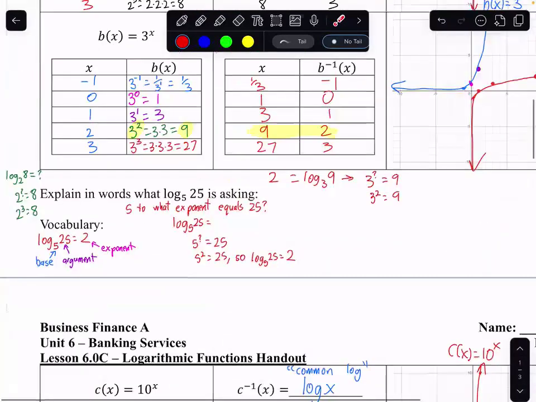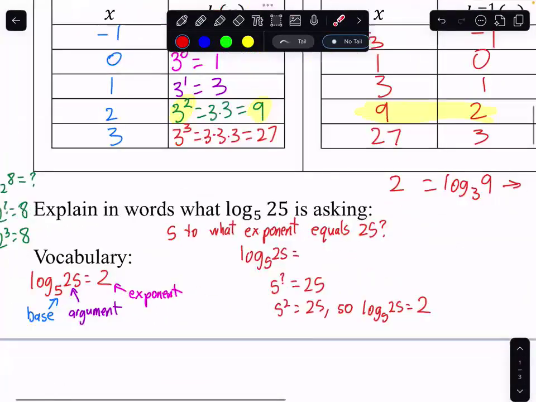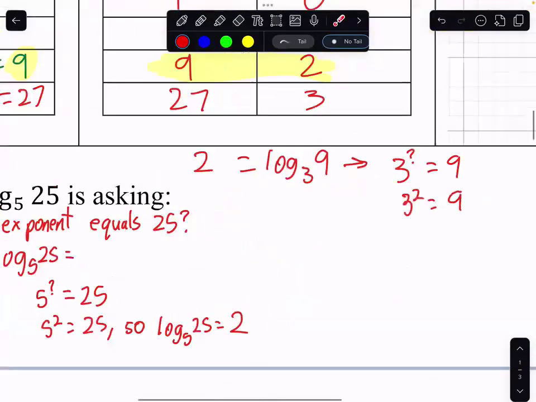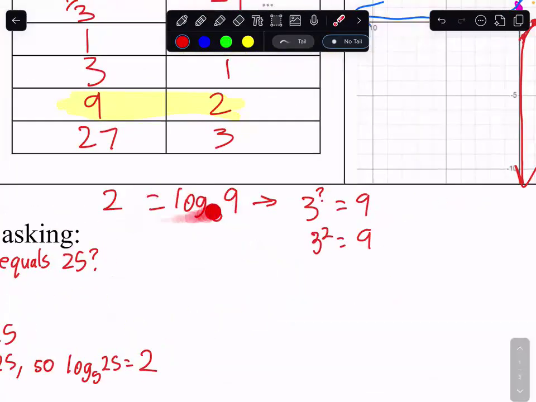Okay, so if you remember last class, we saw that this logarithmic equation is basically representing this exponential equation.